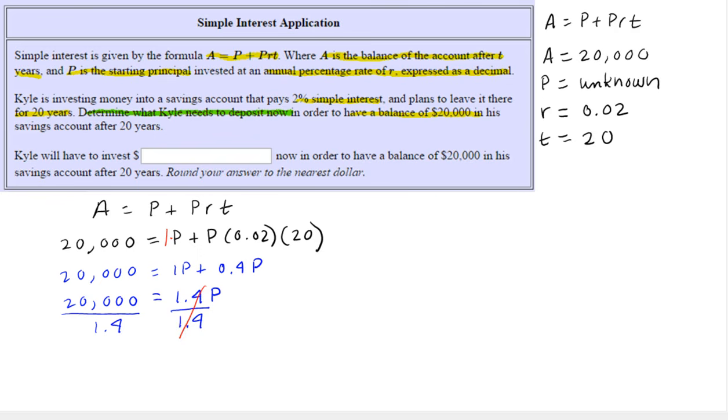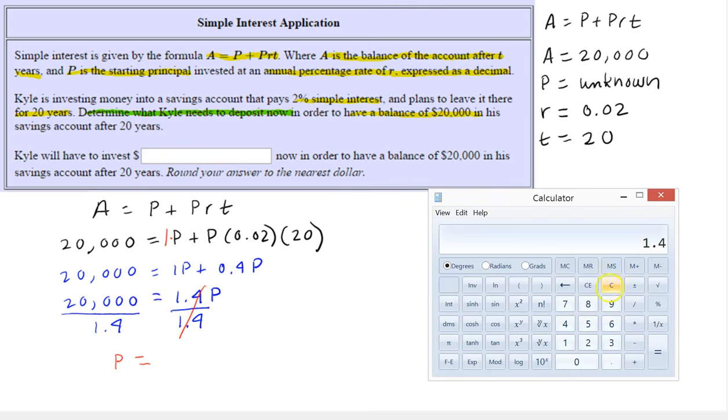These cancel. I'm going to write p on the left-hand side, and p is going to equal 20,000 divided by 1.4. So let's compute that. And I'm going to write this to the nearest cent, and then we'll look at the directions to see how they want us to round it.